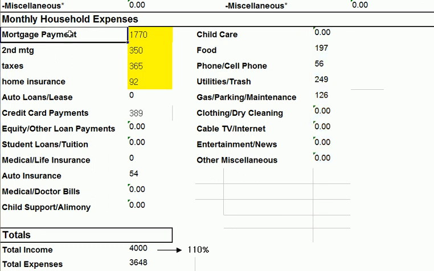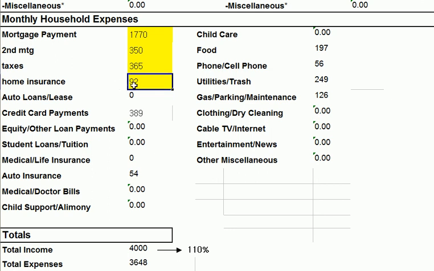Your mortgage payment, first mortgage, goes here. If you have any second mortgage or HELOC, your payment goes here. Then your taxes and the home insurance. These taxes are calculated by adding up your whole annual property taxes and dividing by 12, and the same for your annual home insurance.